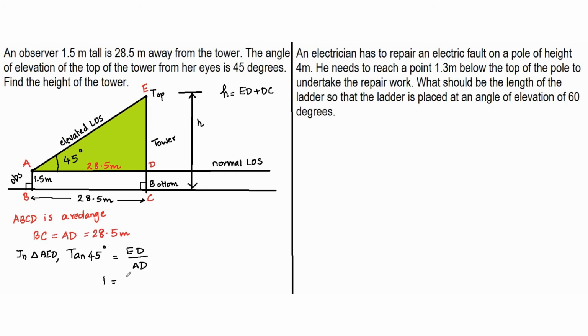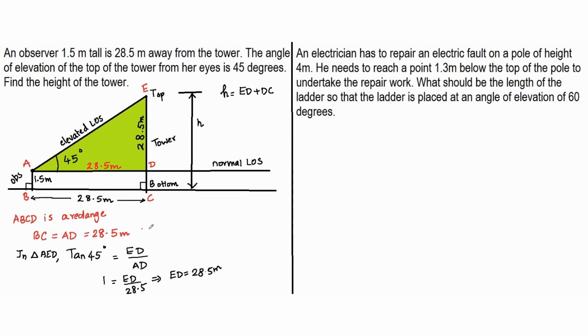Tan 45 is 1, which is equal to ED divided by 28.5, which means the length ED is equal to 28.5 meters, right? So this particular height is therefore 28.5 meters. And I know that CD has to be equal to AB, again because it is a rectangle.